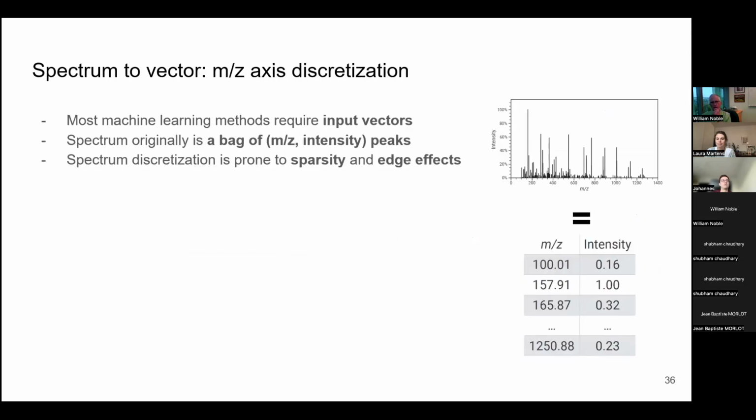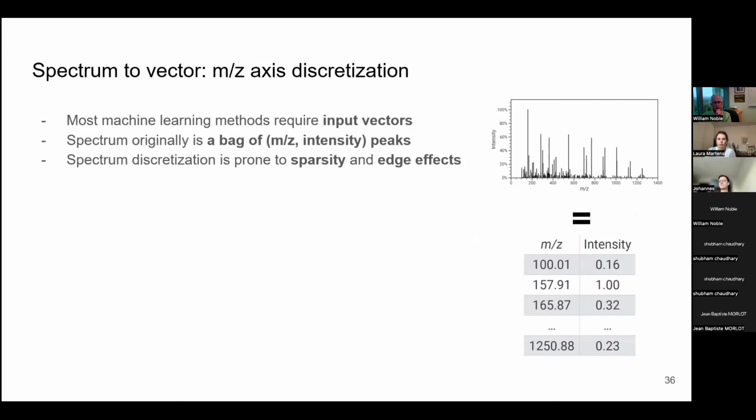Just to push on that a little bit more, this is what's typically done. Most times you use a machine learning method, you have to have a vector representation of an input, but a spectrum is not a vector, it's a bag of peaks, where each peak is a tuple of an MZ and an intensity. Typically people discretize the MZ, and the entries in the vector become the intensities.